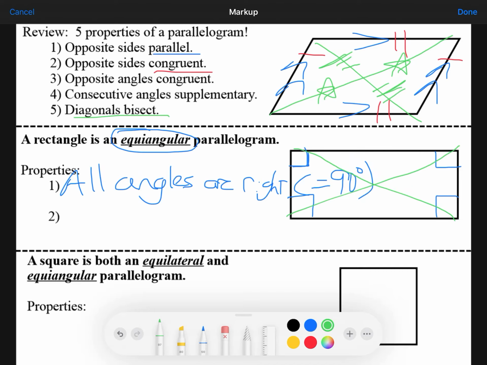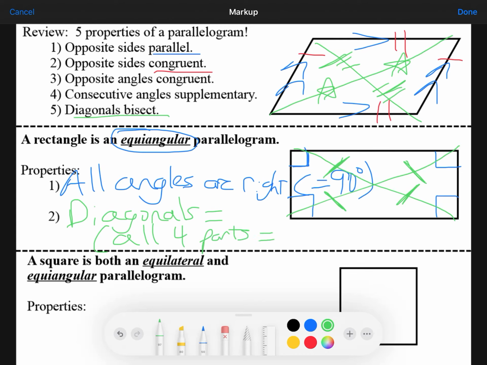The bottom left piece is the same as the top right piece. But not only are these two the same, also the other diagonal's pieces are the same, meaning the diagonals are congruent. And then that means all 4 parts are equal.